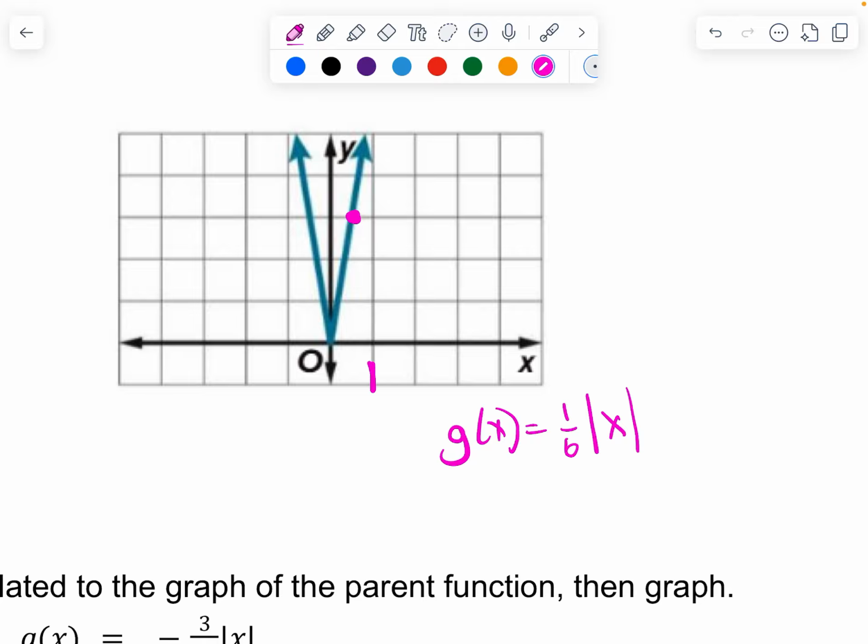Because when we have x at 1, it looks like at the 6th, 1, 2, 3, 5, at 6 that it would hit. Oh no, not 1/6. How about 6? Is that right?